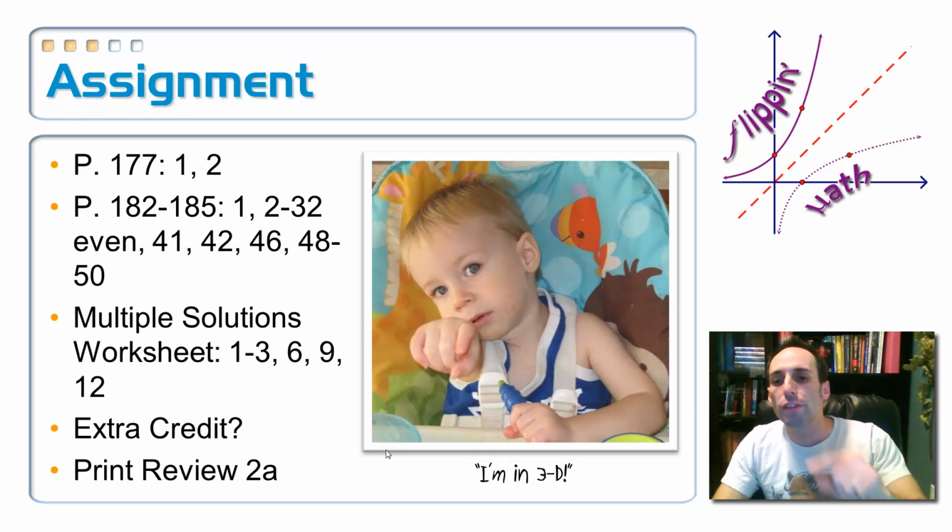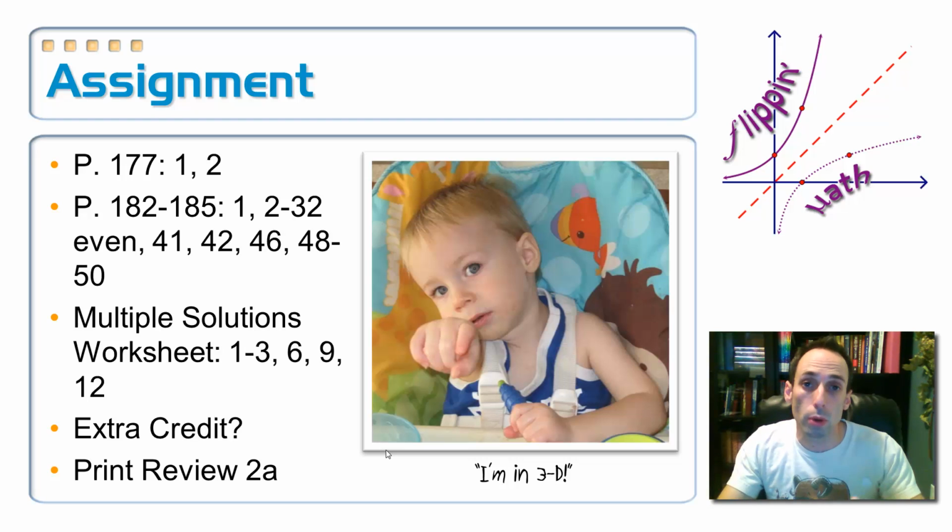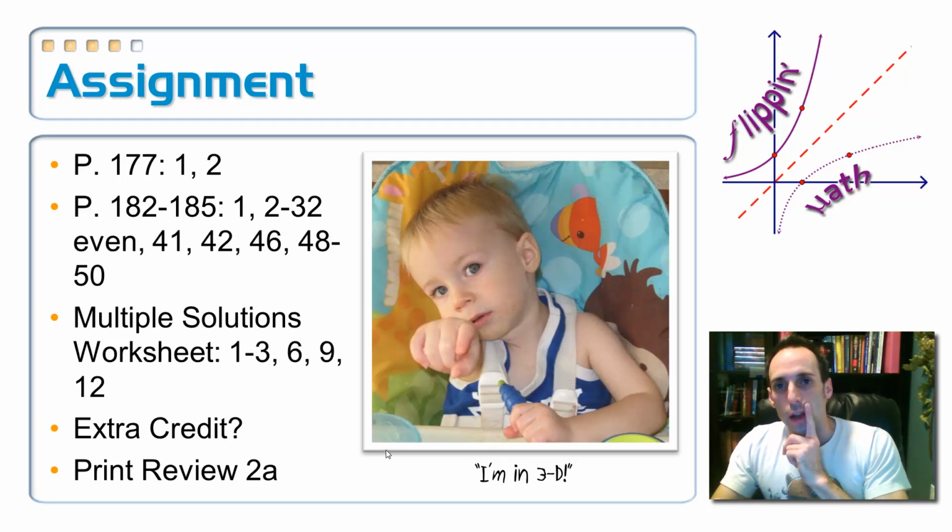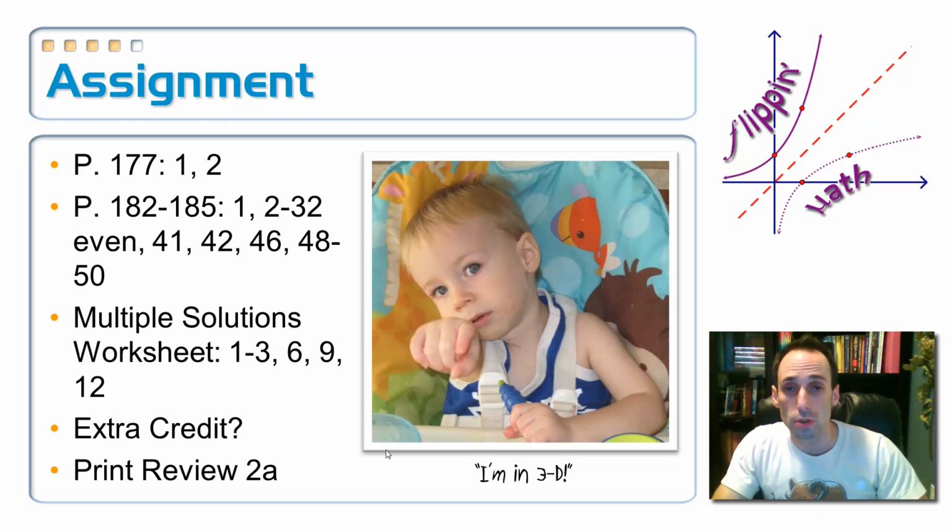So let me talk briefly about that extra credit or bonus opportunity for your quiz. In the course of doing your homework, you're going to do the book work and you're going to find an example of a system that has just one solution, a system that has infinitely many solutions, and a system that has no solution at all.